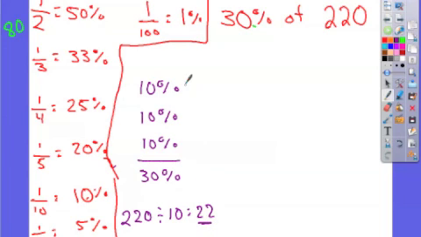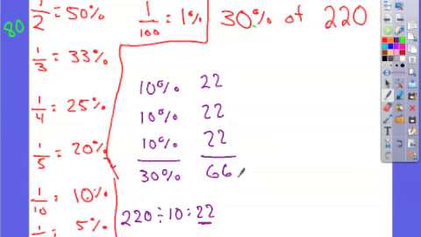So I'm going to fill in the blanks. 10% is 22. Another 10% is 22. Another 10% is 22. So now we've got all 30%. Now we can add them all together, and that is going to be 66. So 30% of 220 is 66.